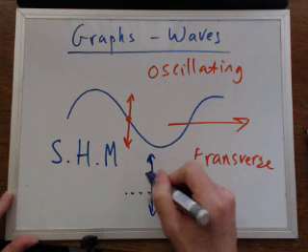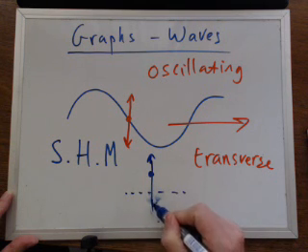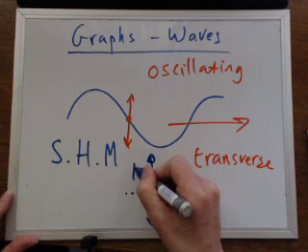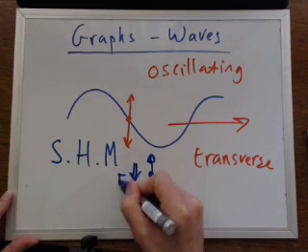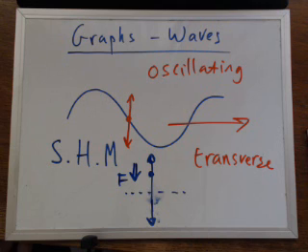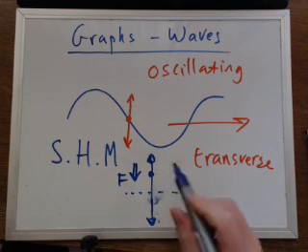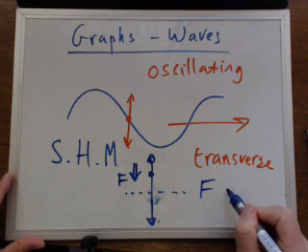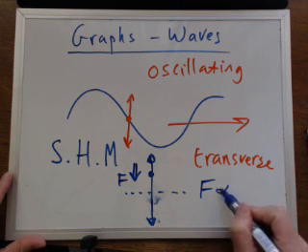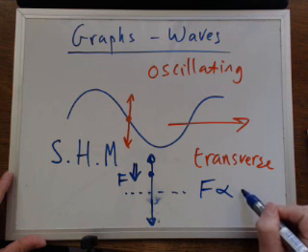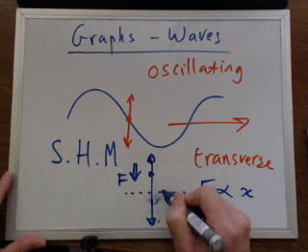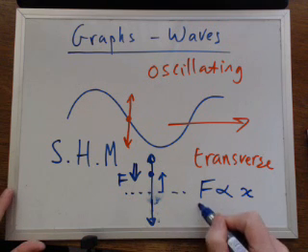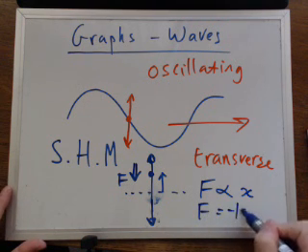There will always be a force acting towards the center of its motion, the equilibrium, always acting to restore it to where it started. The force will also be proportional, this symbol here is proportional, to the displacement x from the equilibrium, which gives you a formula F equals minus kx.